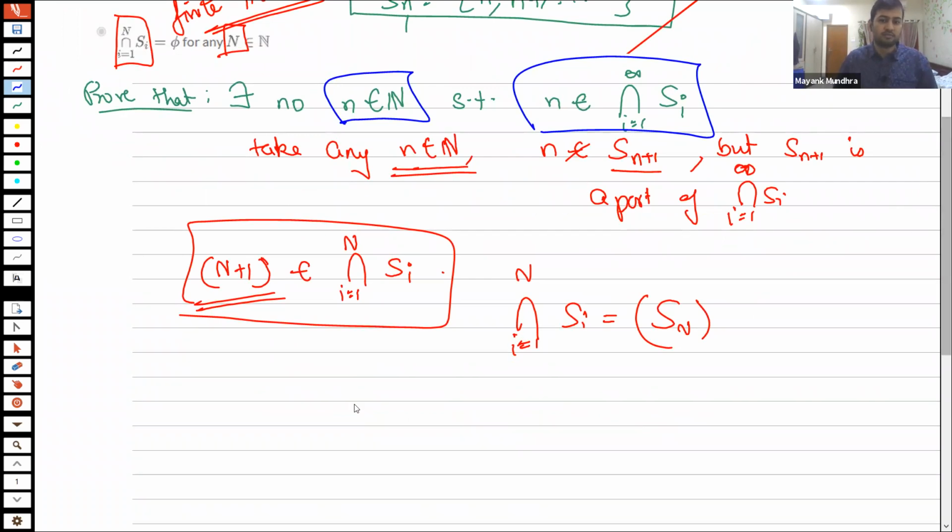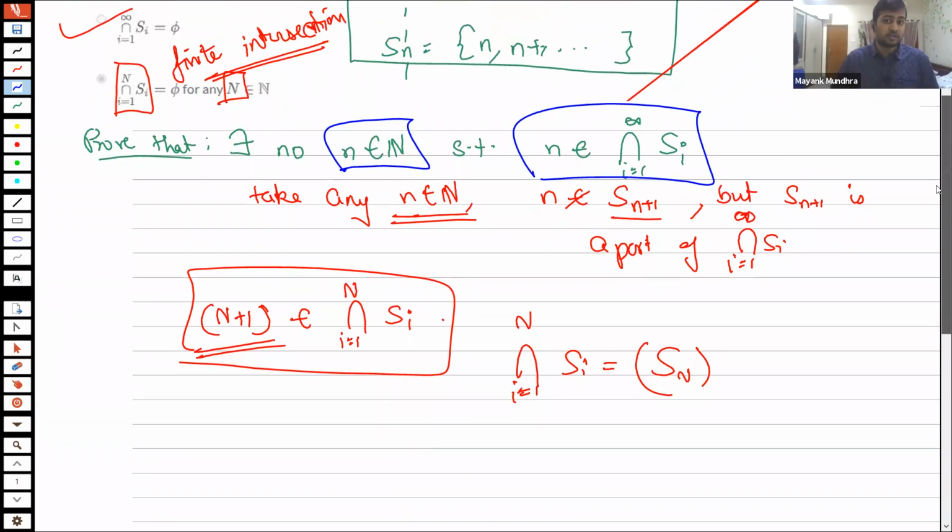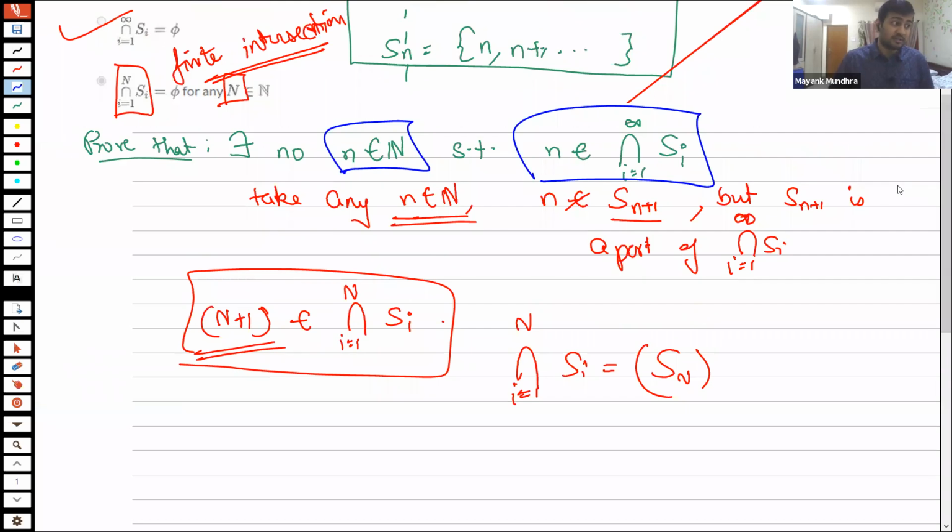Give me any large number. But if we are taking the intersection till infinity, then it will contain all the numbers from the first set only. The union contains all the numbers. What is intersection?